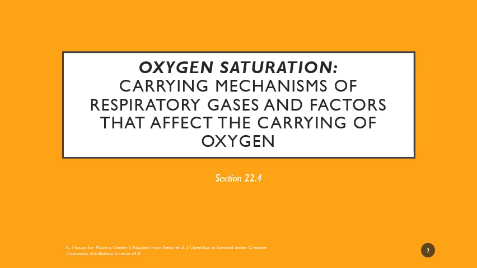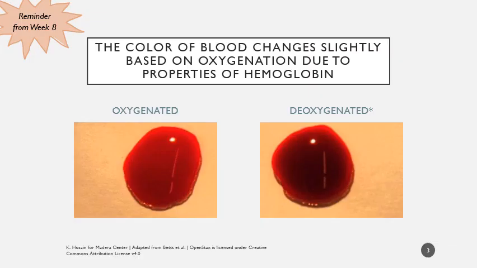We're also thinking about the factors that affect that carrying of oxygen, so how readily hemoglobin both hangs onto oxygen and also gives it up to our body tissue. So we'll think about something called an oxygen-hemoglobin dissociation curve. There's this idea of shifting the curve one way or the other. This is that part of the lecture.